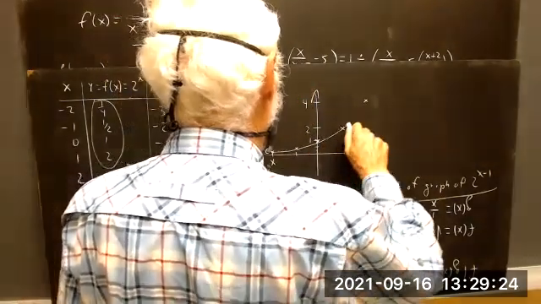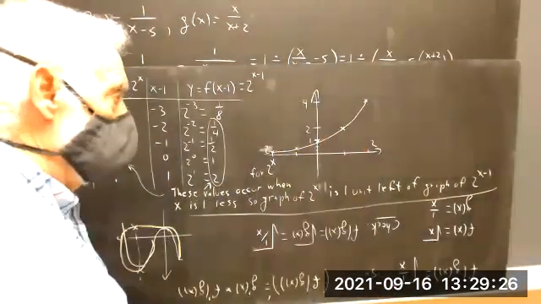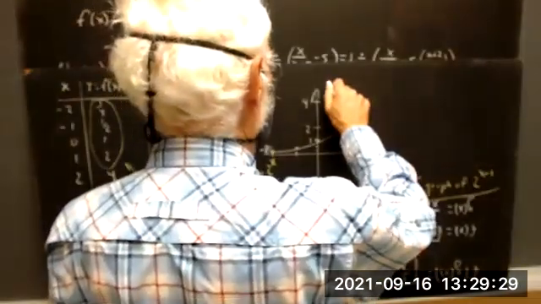So the extended function would look like this. The basic function looks like this. This is your 2 to the x function.